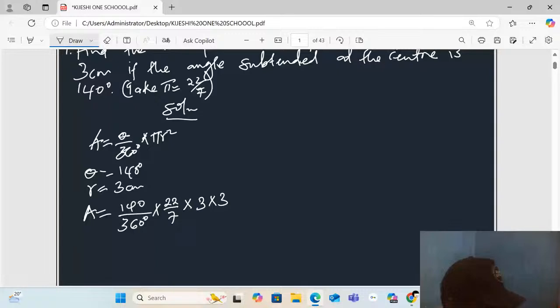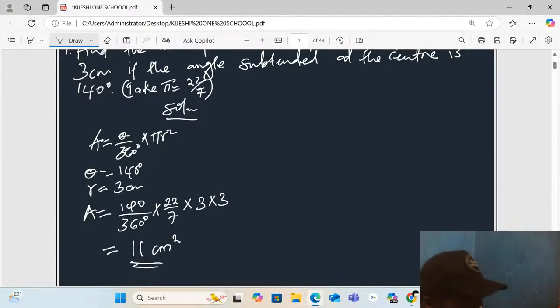Now, when you multiply 140 divided by 360 times 22 over 7 times 3 squared, you're going to get your area as 11 square centimeters.